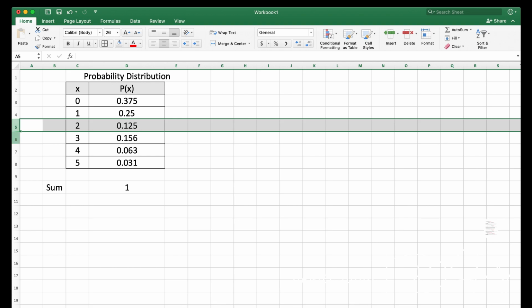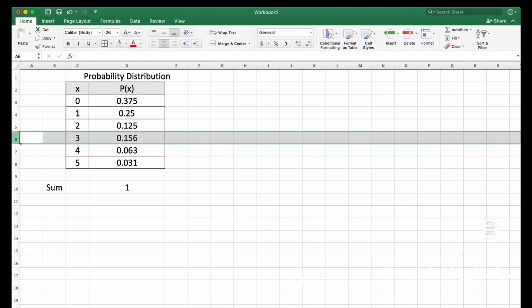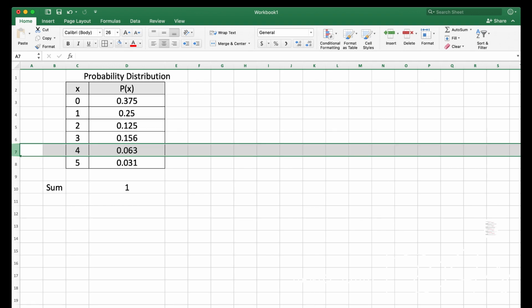Yes. What's next? This is the probability of having what? 3 children. 0.156. What's the probability of having 4 children? 0.063. What's the probability of having 5 children? Well, 0.031.